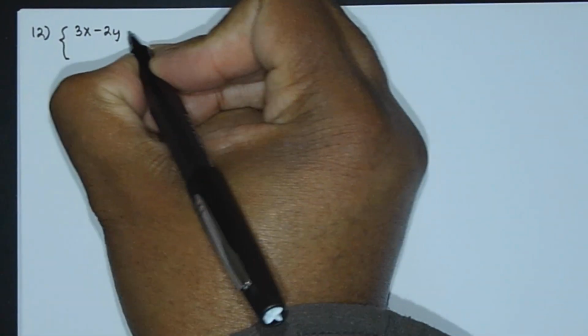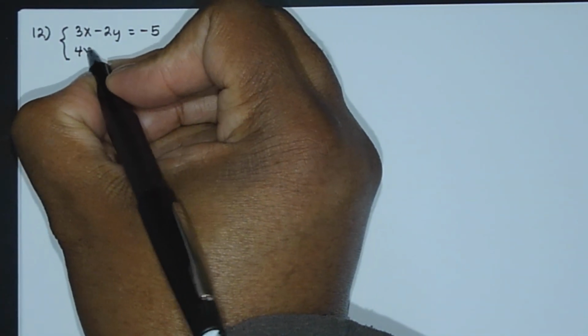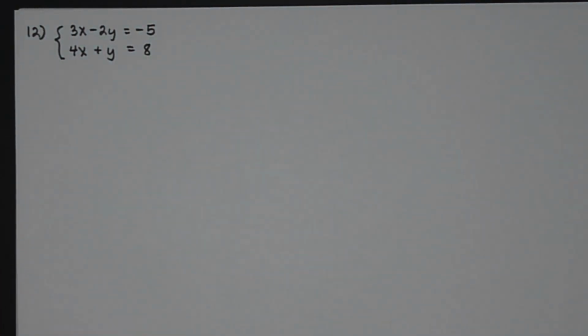So problem number 12 is this. Here we got 3x minus 2y is equal to negative 5. The second equation is 4x plus y is equal to 8. Now, which method would you like to use, substitution or elimination?